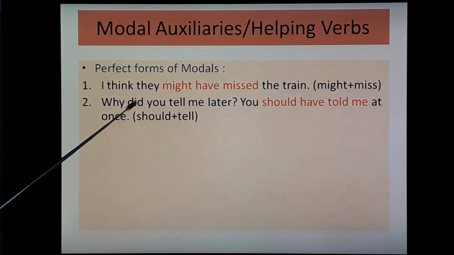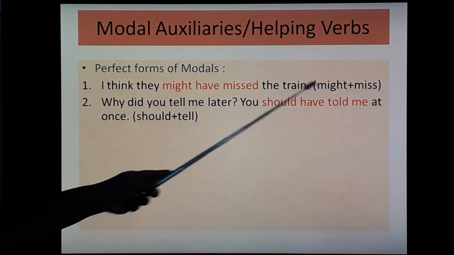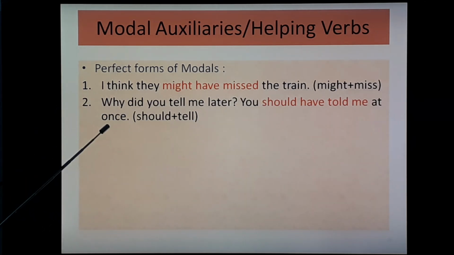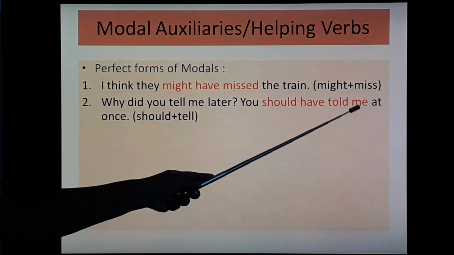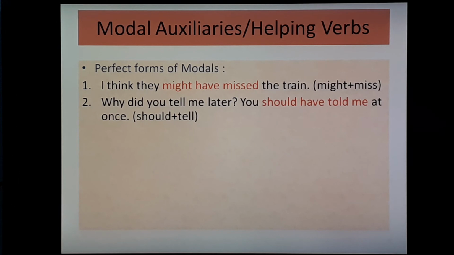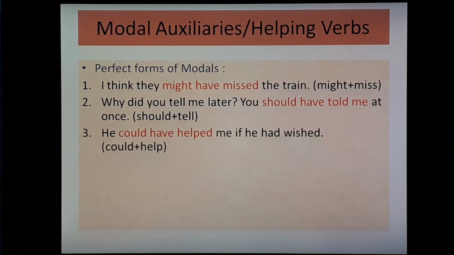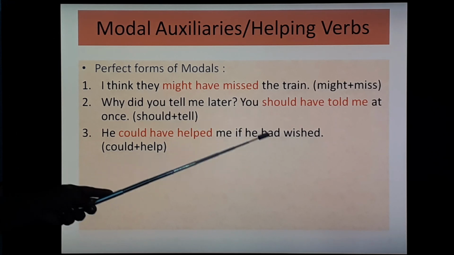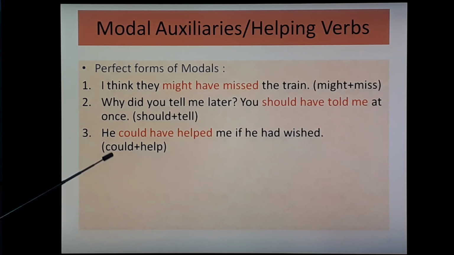Second, why did you tell me later? You should have told me at once. So here should tell becomes should have told. Third, he could have helped me if he had wished. So could plus help is given in the bracket.